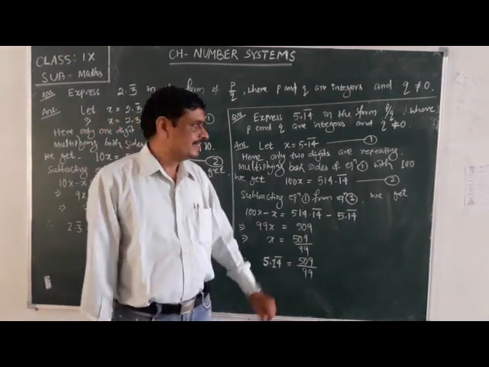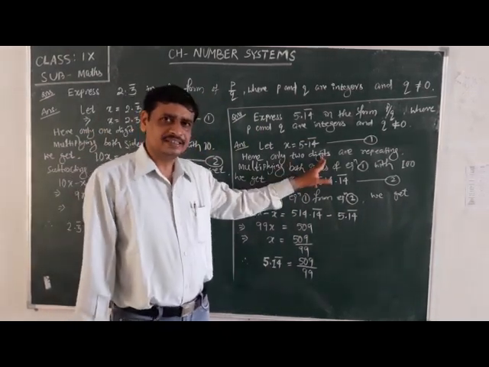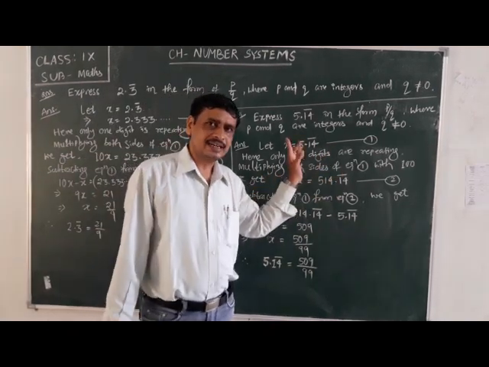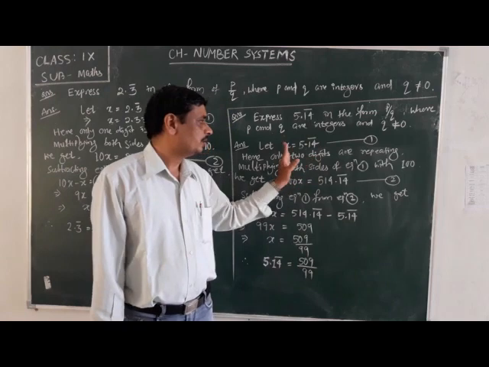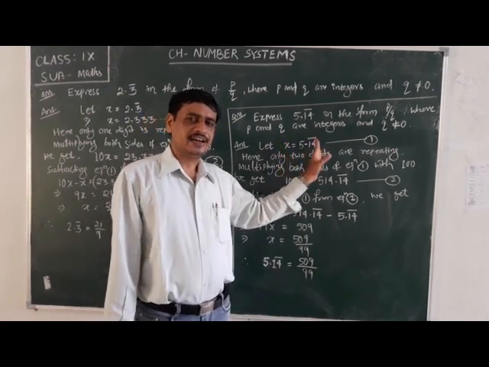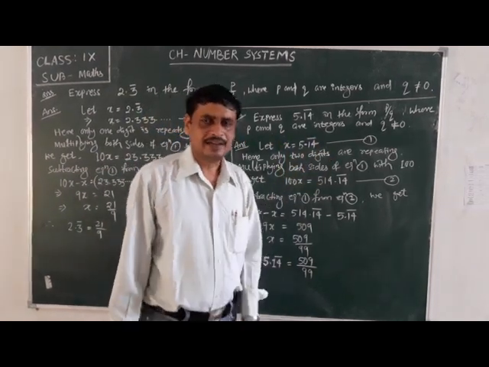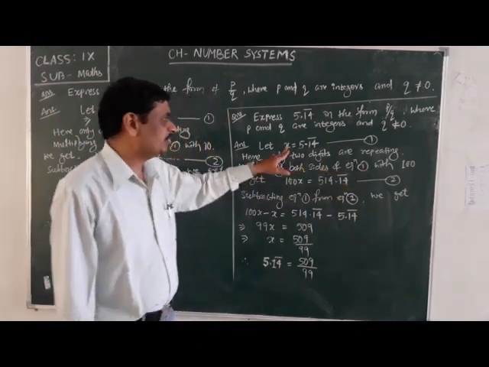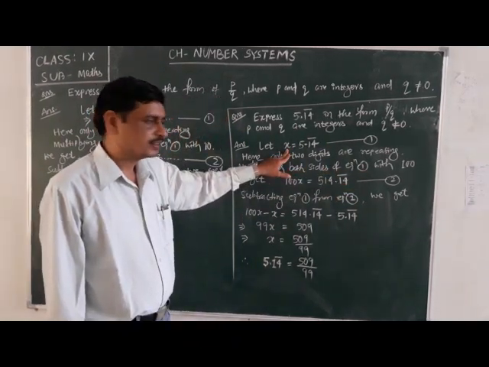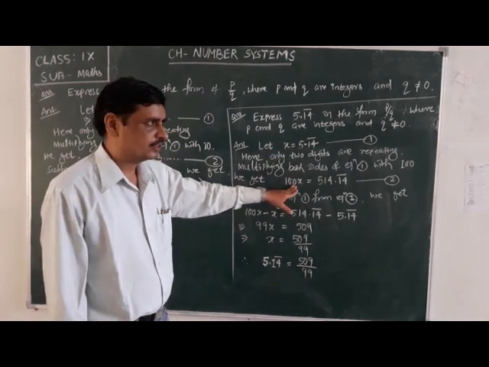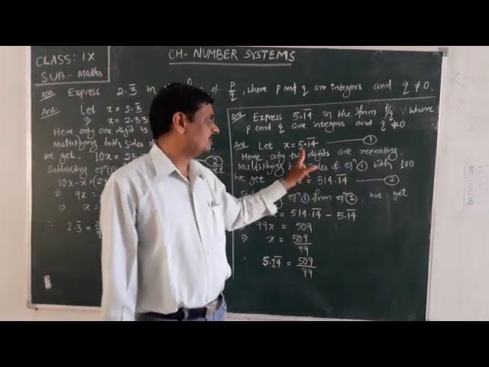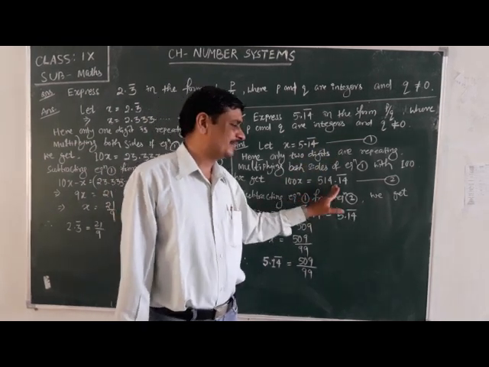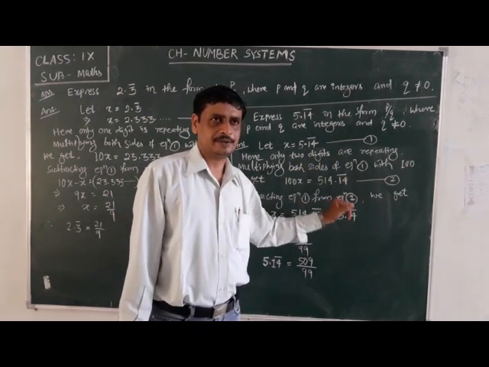Since two digits are repeating, we multiply both sides of equation 1, left side and right side, by 100. When 100 is multiplied with x, we get 100x. When 100 is multiplied with 5.14 bar, we get 514.14 bar.